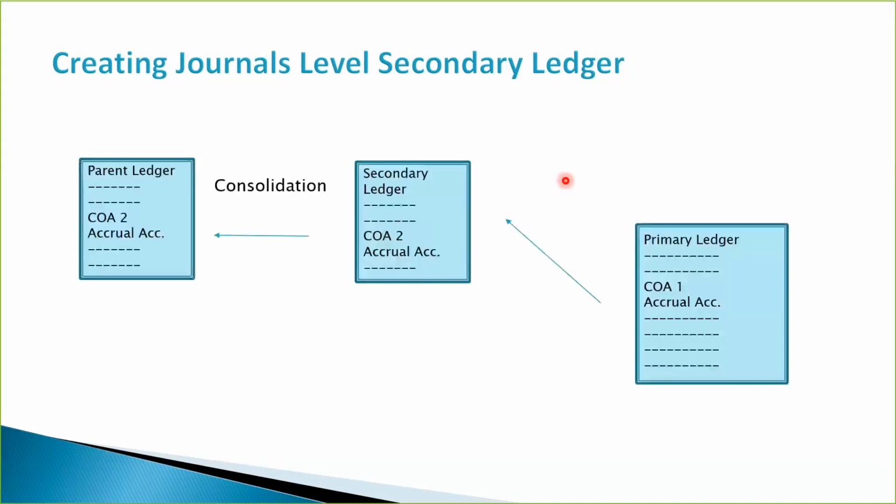However, let's see what we are going to do in our case. We are going to create a secondary ledger at the journals level. All right, so we are not going to do at the balances level or at the sub-ledger level. We are going to do it at the journals level.